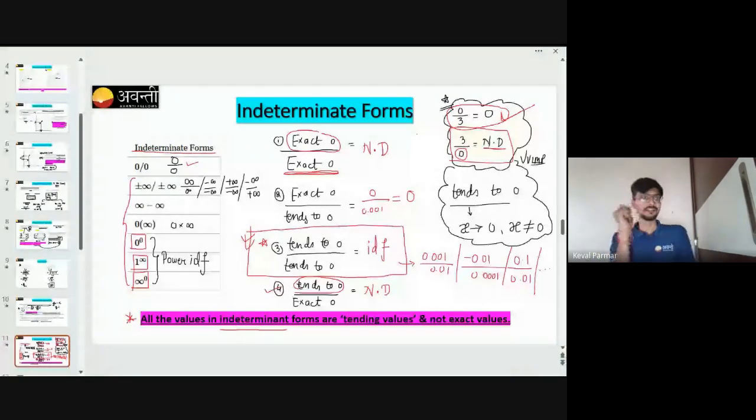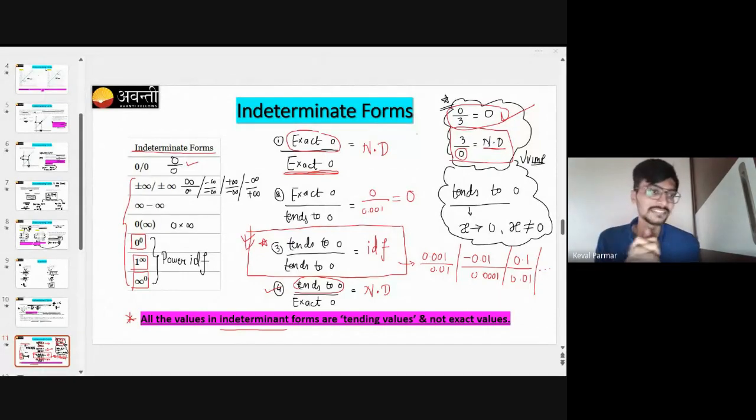I have to tell all the students, your grasping power is very good. Because for the first time, when I learned limits, I couldn't understand a thing. When I was in 12th standard, or 11th standard rather, when limits was introduced to me, I couldn't understand because it is very logical, but it takes some time to be familiar with what we are talking about.